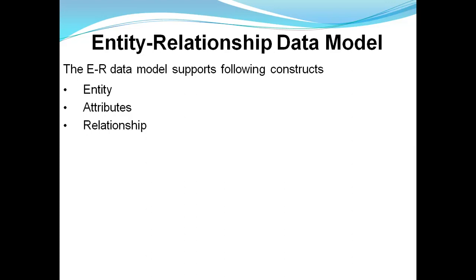Now, what is the entity? Any object of the world can be an entity. Anything in the world can be an entity. Now, for more understanding, you can say that anything which can be distinguished is considered an entity.